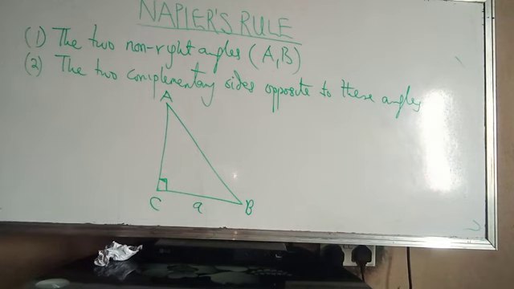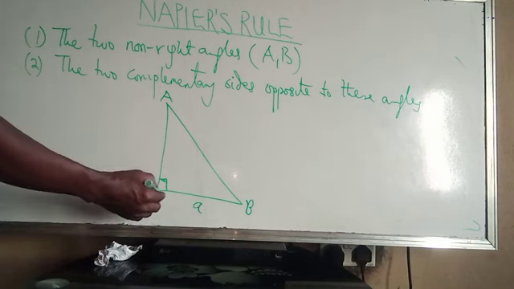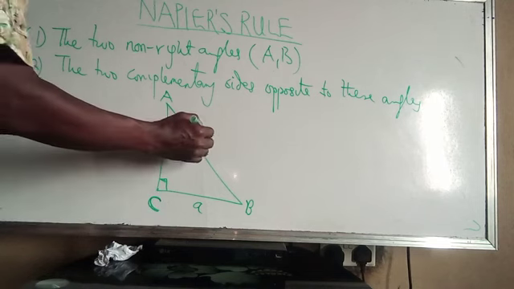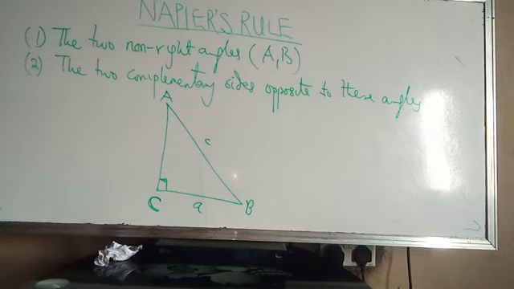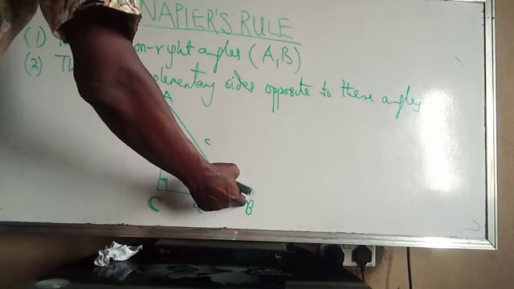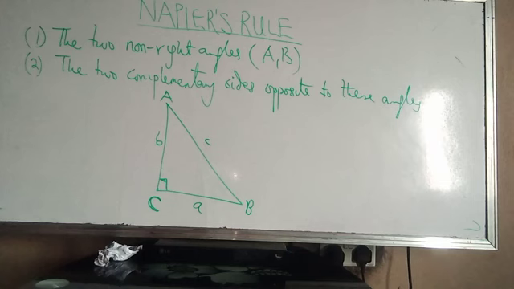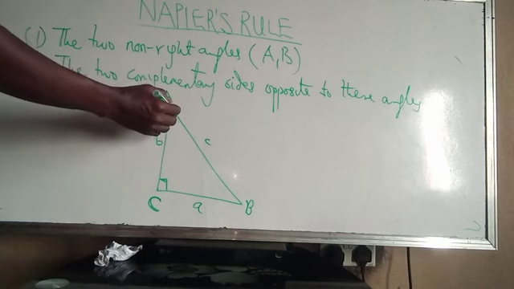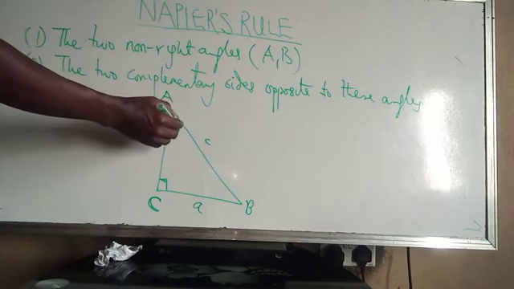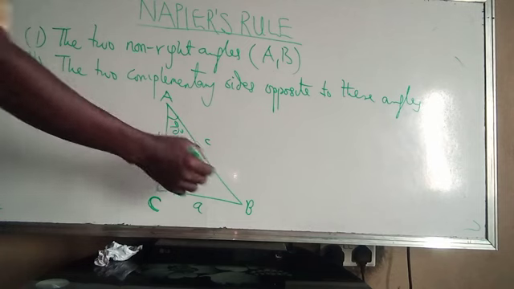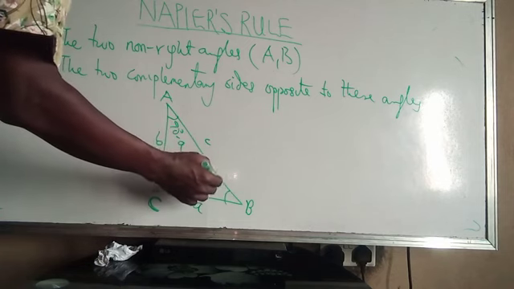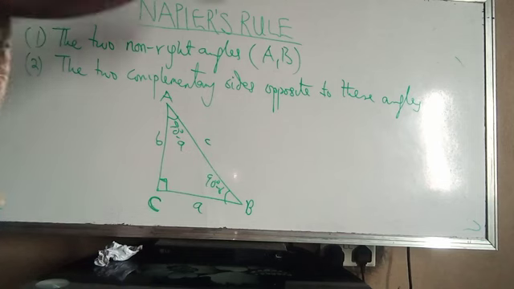The angle C here is facing this side, we call this small letter c. While the angle B here is facing this side, we call this small letter b. So this side could be called 90 degrees minus A. This will be called 90 degrees minus B.